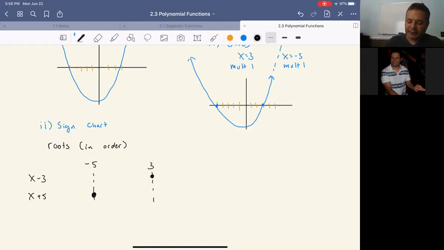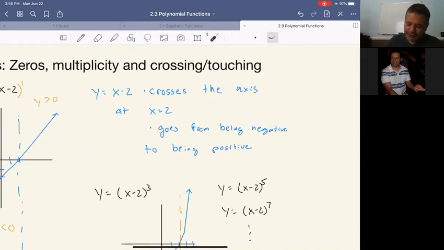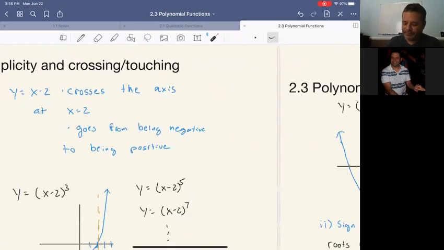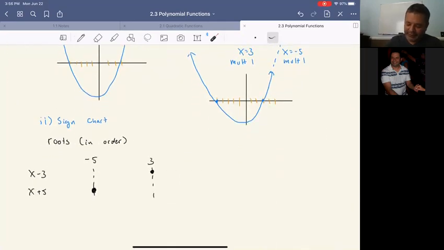Now, x minus 3. We remember what that does at its 0. If you go back to our picture, this was a line sloping up, and a line sloping up always changes from being negative to being positive. x minus 3 is a line sloping up, so at its 0, it changes from being negative to being positive. x plus 5 is also a line sloping up.